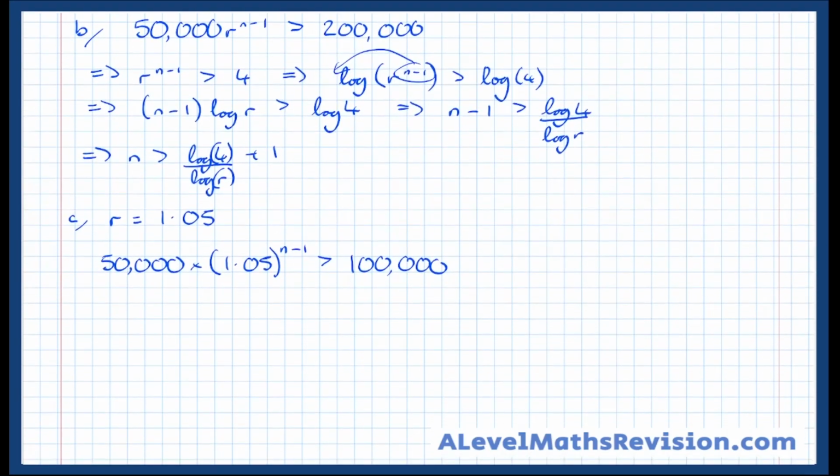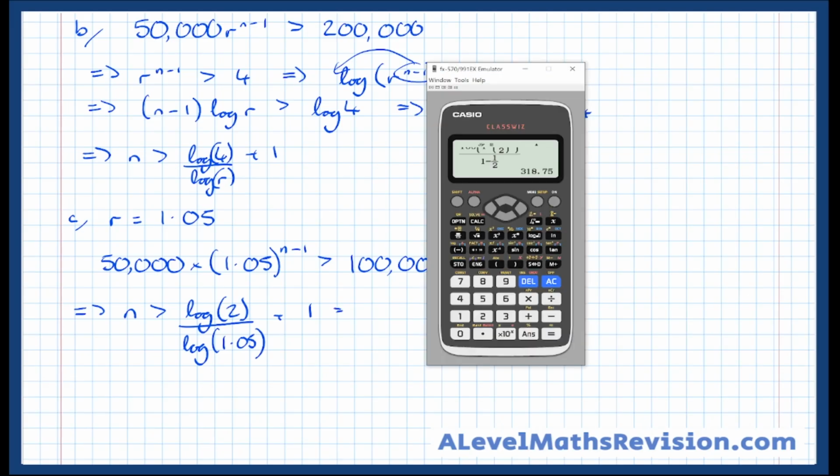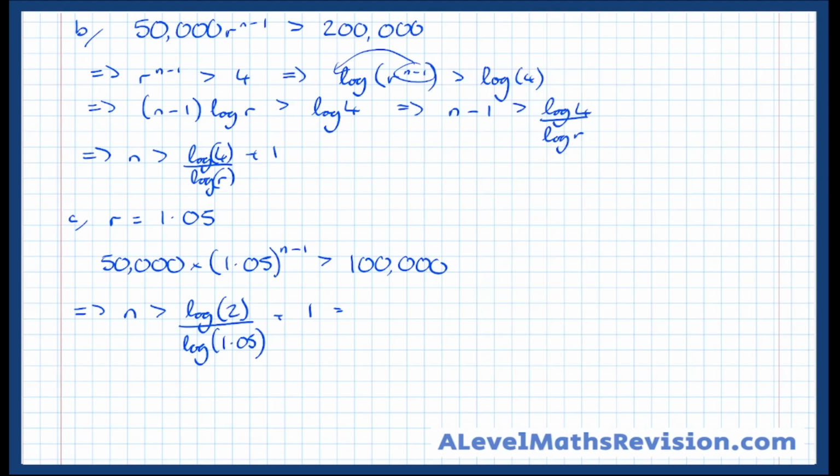So let's follow it through. That means that n is bigger than log 2 over log of 1.05 plus 1, equals, let's see what that's equal to. So log of 2 divided by log of 1.05 plus 1 equals 15.21.